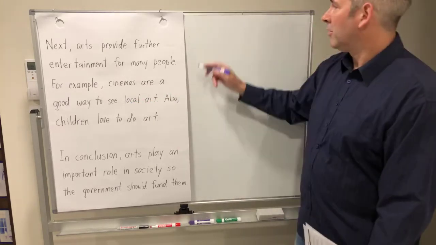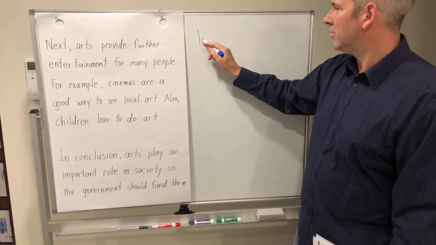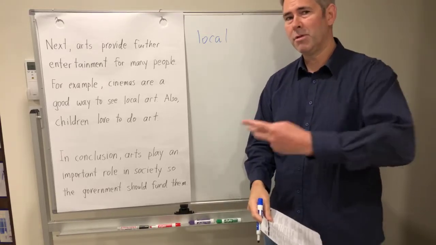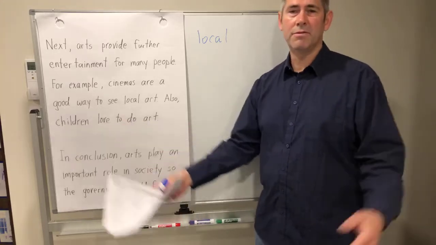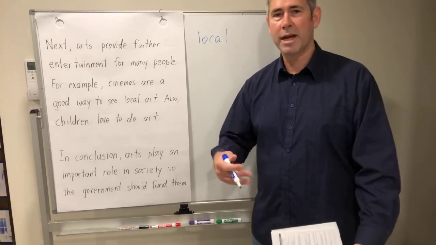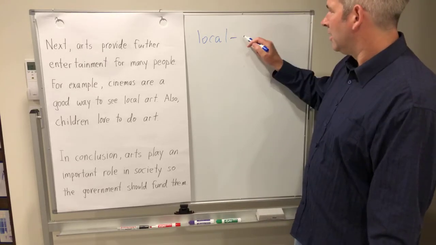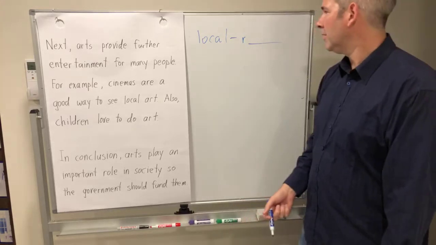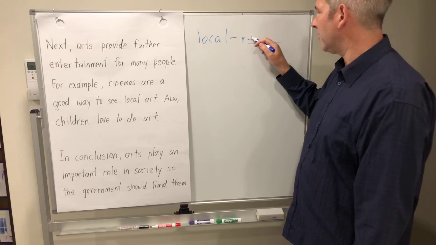Is there another way of saying local? Right, so just challenge yourself. Remember, like I said right at the beginning, with your vocabulary, with your grammar, you're showing off to the examiner, look, I know all these different words. I have all these different grammatical structures that I can use to express my ideas. Now, what I could say for local, if you can guess the rest of this word, I could say regional.